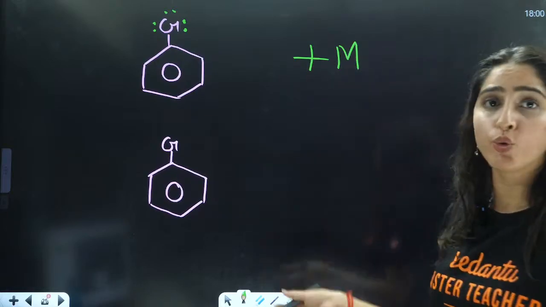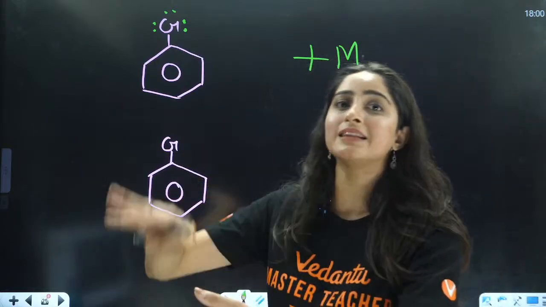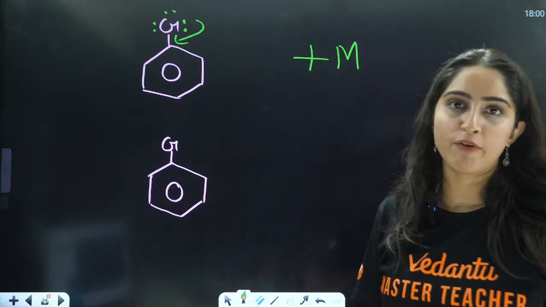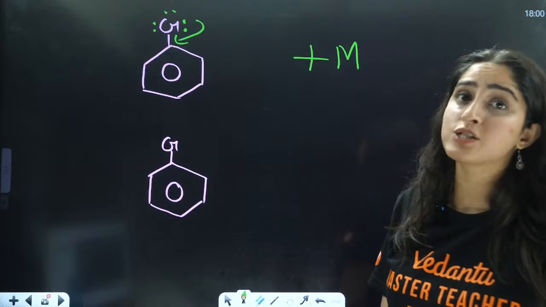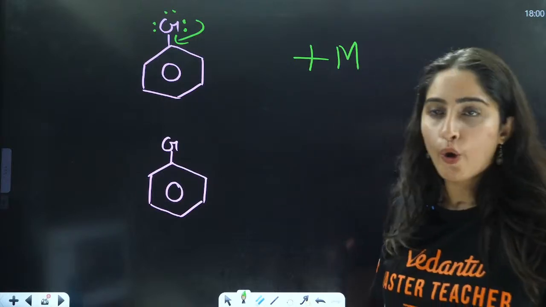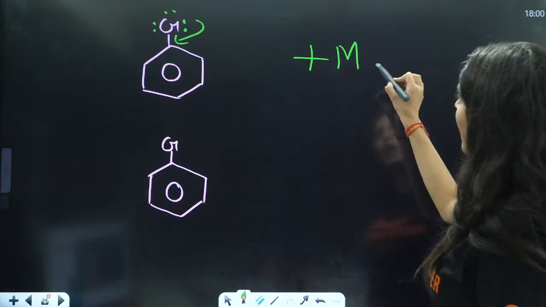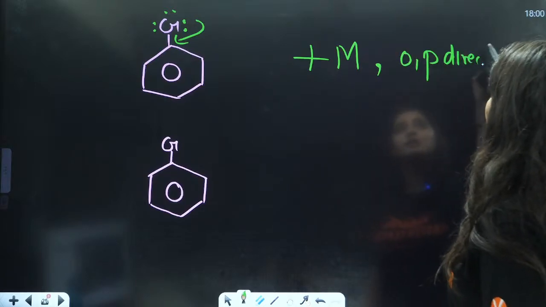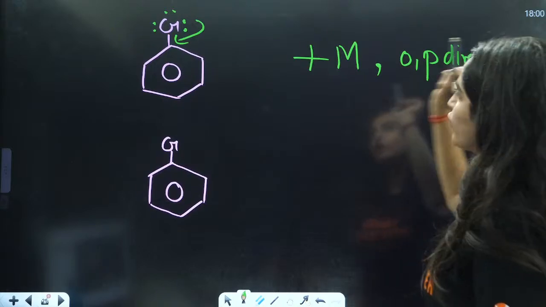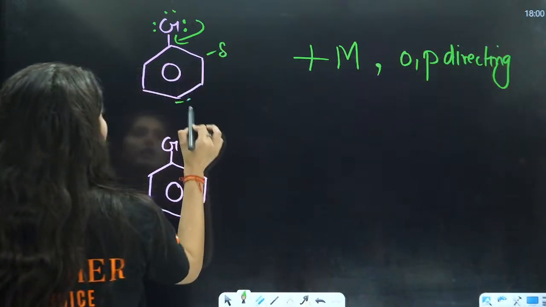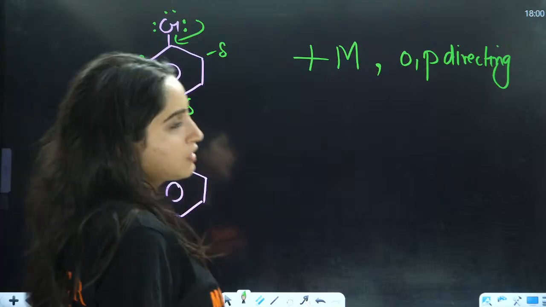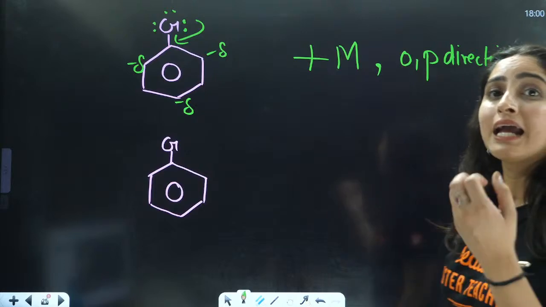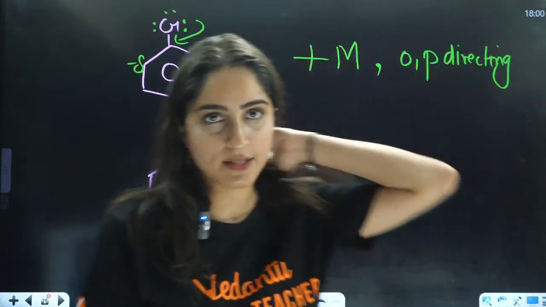It is going to donate electrons into the benzene ring. It shows the plus M effect, that is plus resonance or plus mesomeric effect. Whenever you have the plus M effect, you will have ortho-para directing. Reason being, you will have partial negative charge on the ortho and para positions, that is why it is ortho-para directing towards electrophilic substitution reactions.